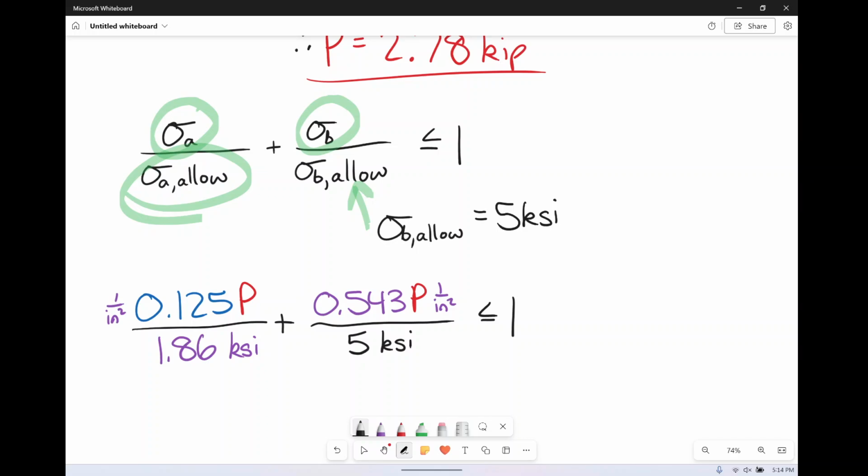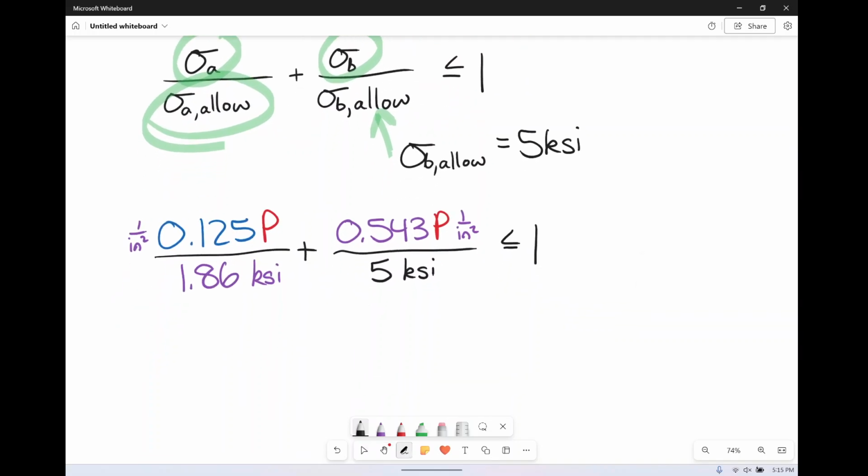Technically, if you were doing a design, the interaction formula could be quicker than plugging and chugging into all of that stuff, especially with a W shape. You pick one and try it out, and you check that this is less than or equal to 1. The closer you get to 1 without going over, the better your choice was. But for us, we're just calculating maximum P, so that's not our case.